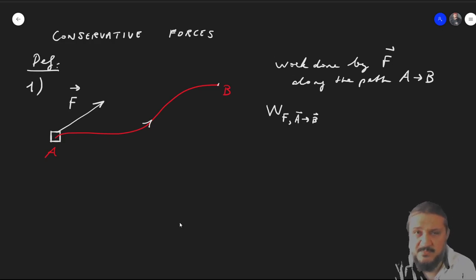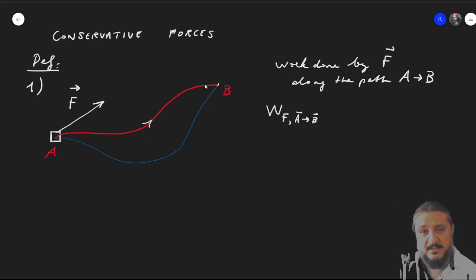Now, someone else comes and says, okay, wait a minute. The goal is to go from A to B. Why do we pick that specific red line as our path? Why don't we pick a different path? I want to take this path and still end up at B. Why not?